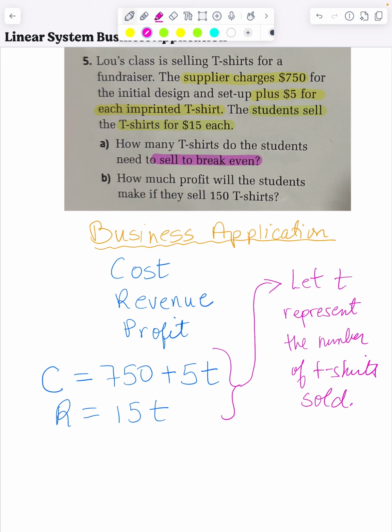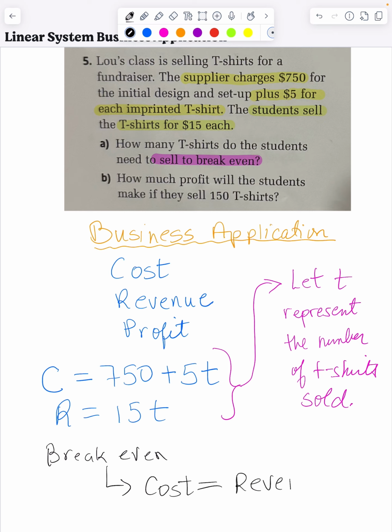Break even in business means that the cost is equal to the revenue generated. That's what it means in business. The cost is equal to the revenue that is generated.